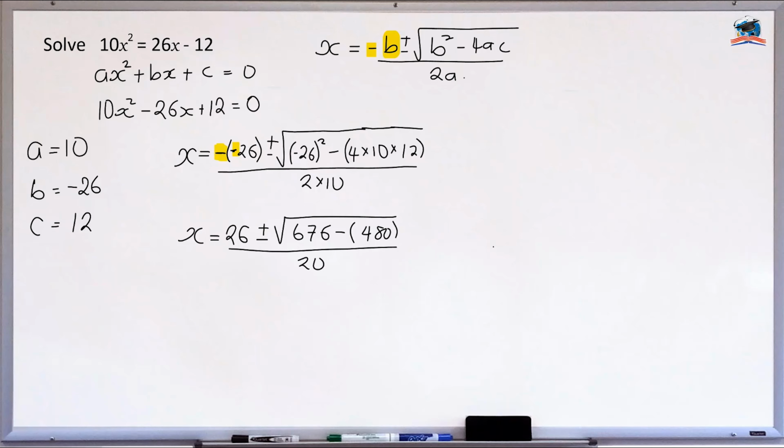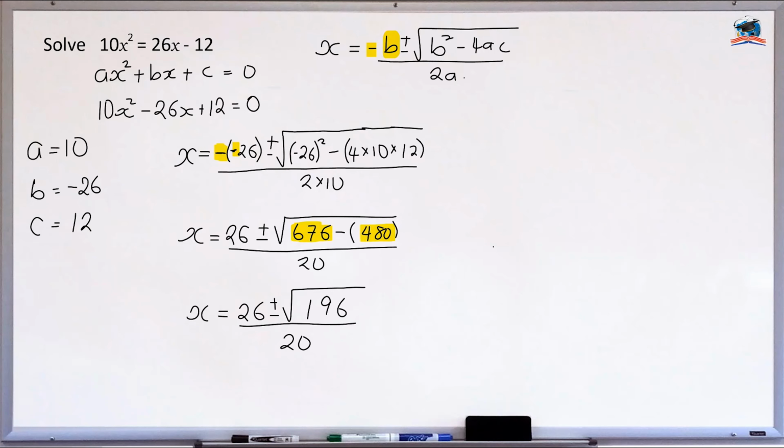Good. So here, we have 676 minus 480. We subtract that, and that gives us 196. So x is 26 plus or minus the square root of 196, divided by 20.